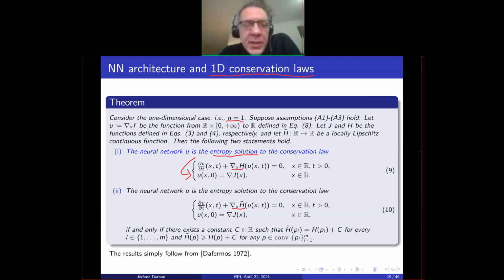You have an infinite number of possible fluxes, and all you ask for this theorem to hold is that the Hamiltonian H tilde needs to agree with the original Hamiltonian for each pi, and otherwise that they are above the Hamiltonian up to some constant c. The result here is a simple application of a theorem proved by Dafermos in the Division of Applied Mathematics in the 70s.